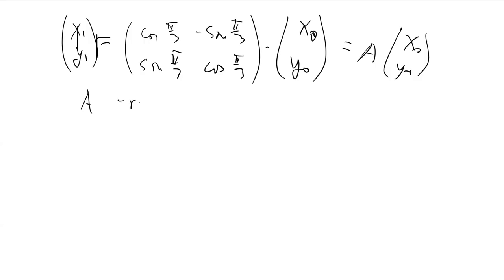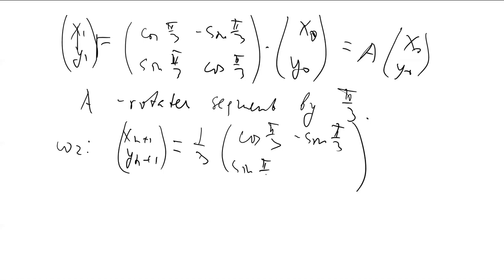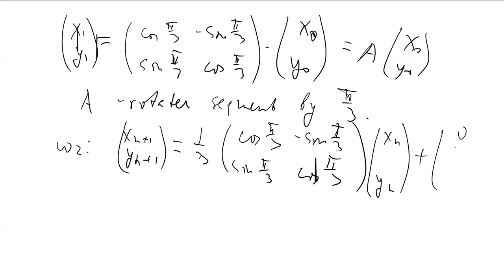So A rotates segments by pi over 3. And therefore our map omega 2 is given like this: xn plus 1, yn plus 1 equals 1/3 times this matrix which we found, cosine pi over 3, minus sine pi over 3, sine pi over 3, cosine pi over 3, times xn, yn, plus 0 and here 1/3.